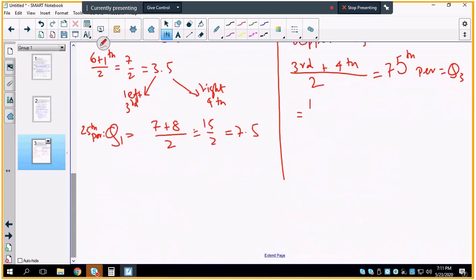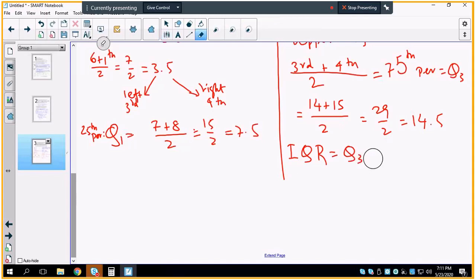So I'll say it's 14 plus 15, and that's 29 over 2. So 29 over 2 is 14.5. So that's Q3. The interquartile range in this situation is Q3 minus Q1, and I don't get a surprising result. It's 14.5 minus 7.5 and it's still 7. Answers my question.